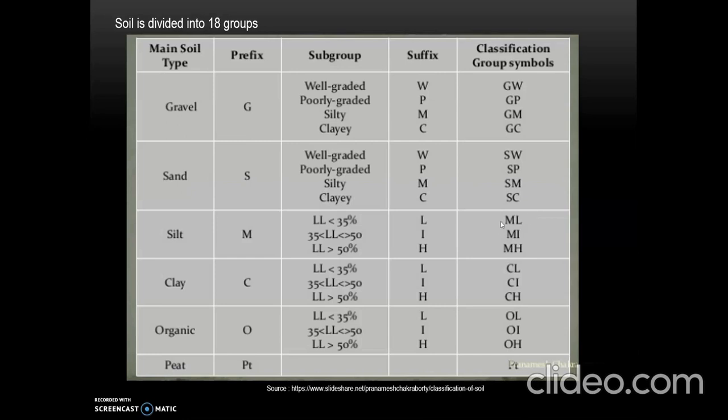And here ML represents silty soil with low plasticity or low compressibility, wherein liquid limit is less than 35%. MI represents silty soil with intermediate plasticity or intermediate compressibility, and liquid limit lies within 35 to 50%.